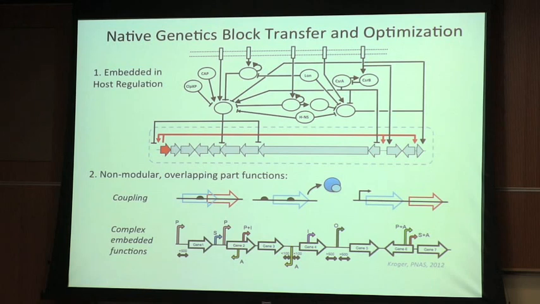You've got a lot of examples of promoters within genes pointing upstream, promoters going against the tide of genes for no reason, promoters pointing at no target, and so on. All of these overlapping functions stop you from making certain types of moves as you're trying to build a genetic system.